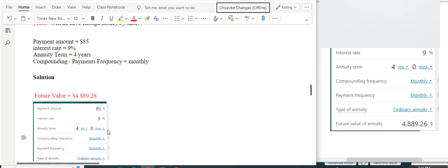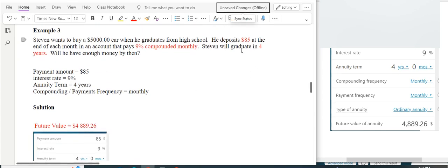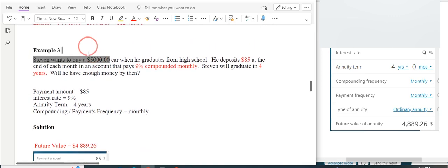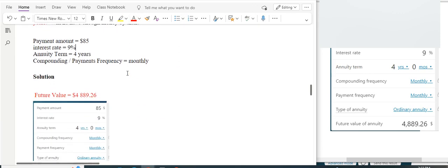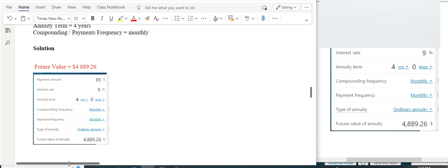But we are not done because the question was, will he have enough money by then? So this 5,000 wasn't really used at all except to say that at the end, he needed a certain amount of money. And in fact, he needed 5,000 and he's going to be short.